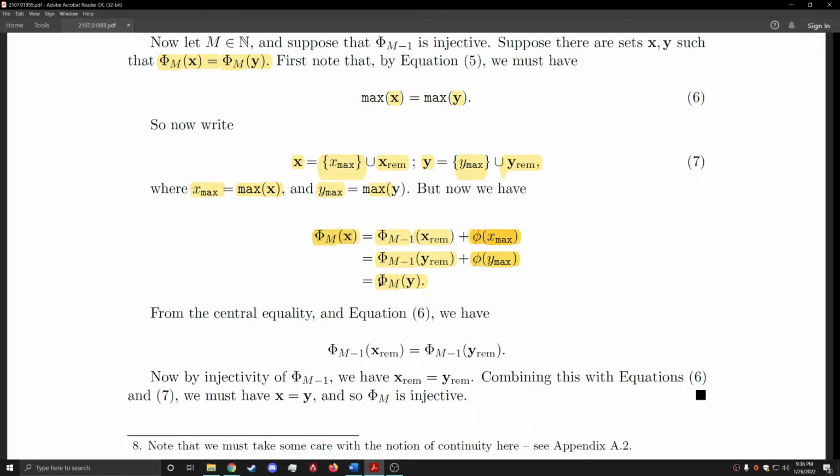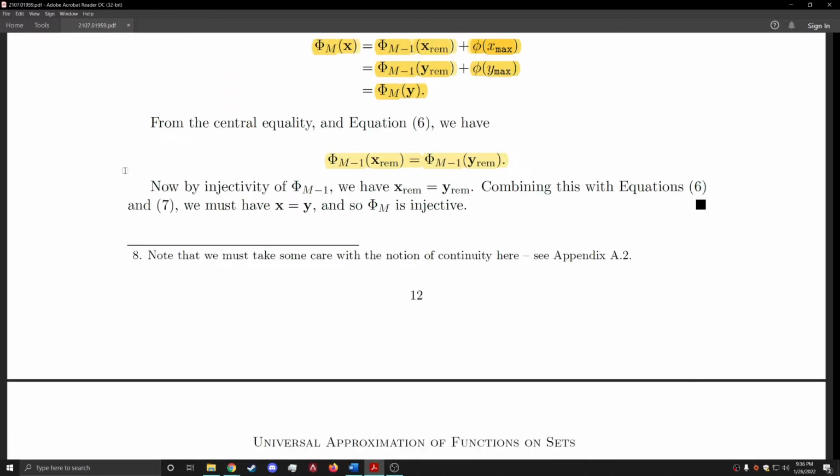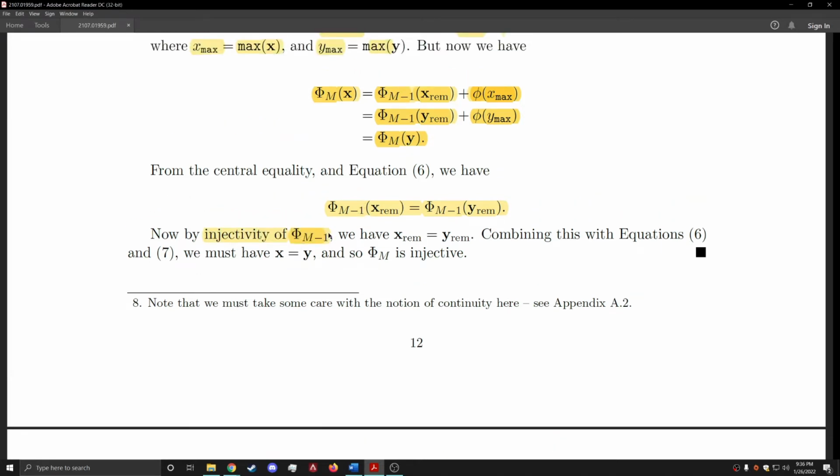And of course, we defined phi m of x and phi m of y to be the same up here at the top left. So all that's left to say is that phi m minus 1 of x remainder and phi m minus 1 of y remainder are going to be the same. So by the injectivity of phi m minus 1, which I assume means injectivity into phi itself, we have the requirement, by definition of injectivity, that x remainder is equal to y remainder.